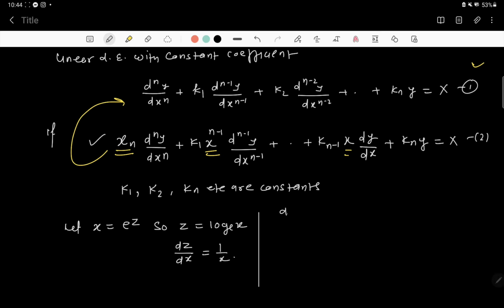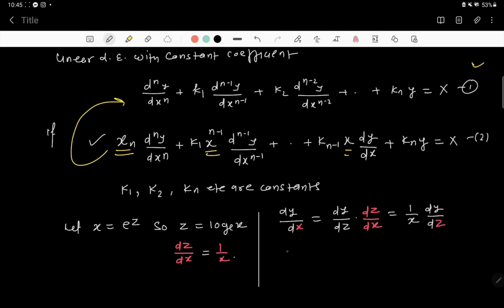We write dy/dx as dy/dz times dz/dx. Dz/dx is 1/x, so it will be 1/x times dy/dz. You observe that the independent variable x is converted into z.